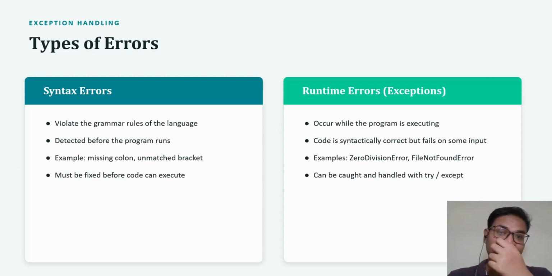We have also seen that when node.txt is not found, there is a FileNotFoundError. These are some runtime errors. And the fourth and most important point is that they can be caught and handled with try and except. Let's talk about all these things in brief. I hope you understand the difference between syntax errors and runtime errors.